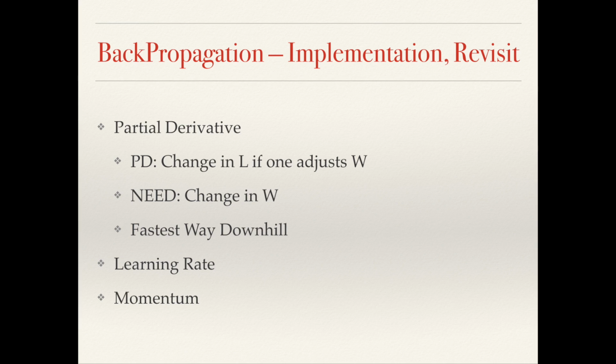Consider you are on a rugged terrain. You want to descend as fast as possible, and in each step you can only travel a certain amount of distance. So how do you make your step count?